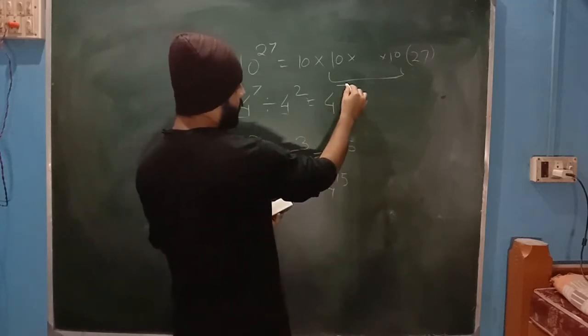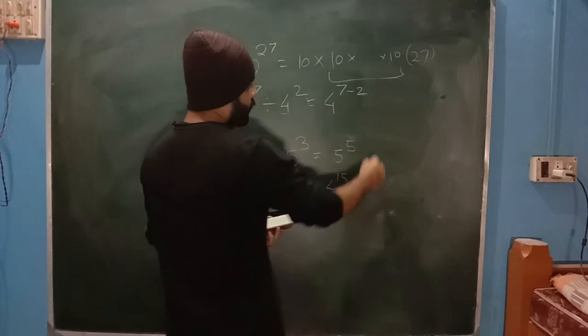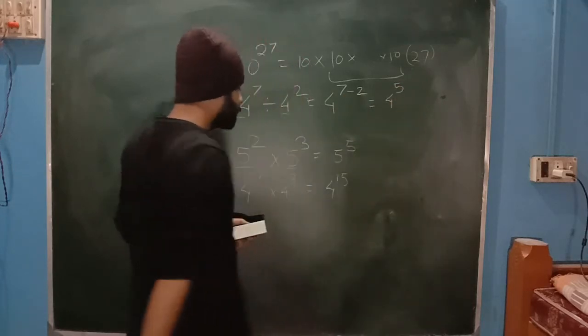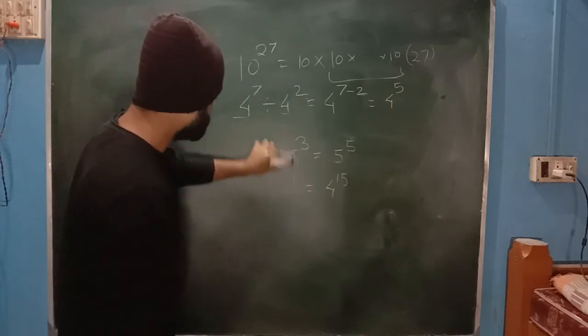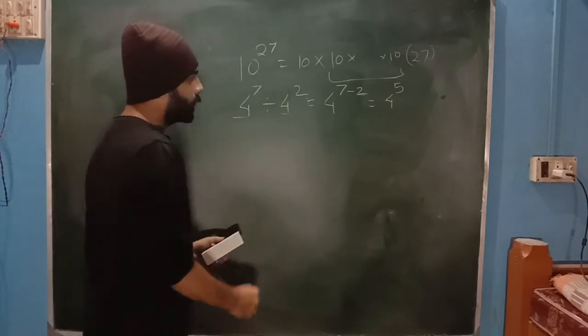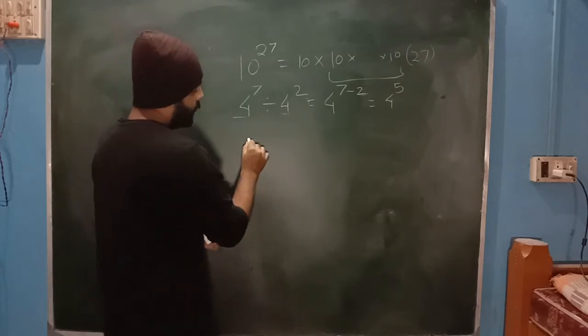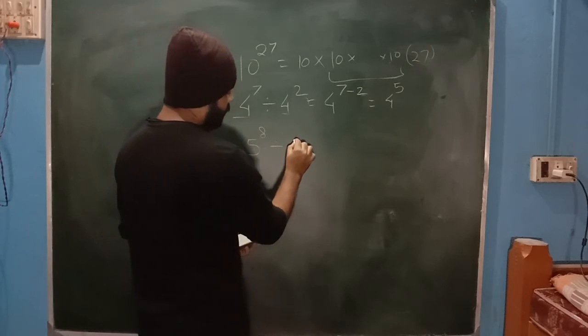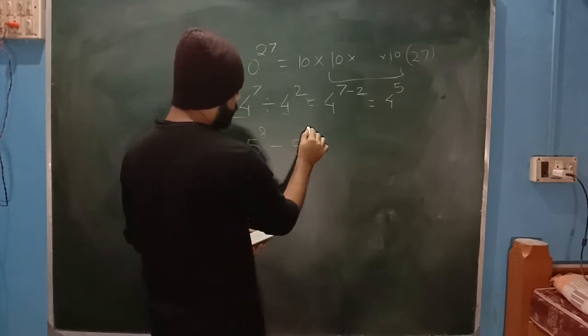So 4 to the power 7 minus 2, that will be 4 to the power 5. And here is the same thing, the base should be the same, otherwise it won't work. And also here, 5 to the power 8 divided by 5 to the power 10.